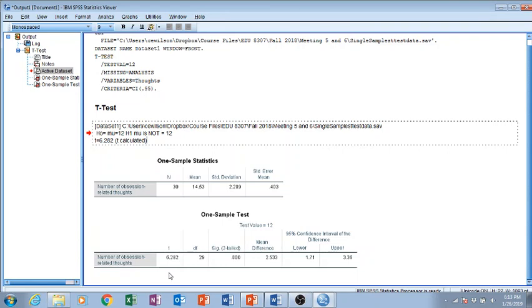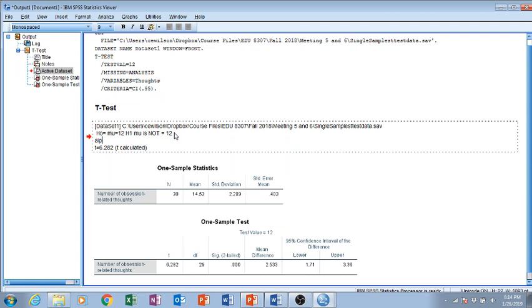Our alpha level, which I should have noted before we started, let me go back up here and drop that in. Our alpha level, or our critical value, alpha equals 0.05. I want to set that ahead of time and determine, okay, I'm looking for an obtained probability of less than 0.05.